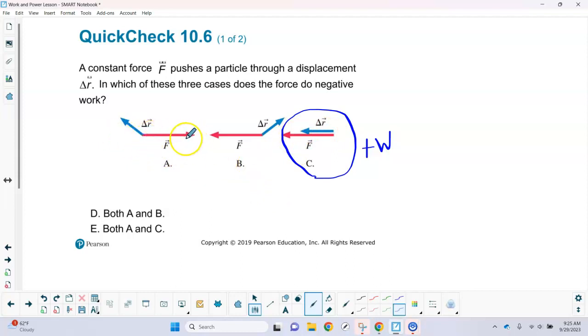F is going to the right in A, and the displacement is going up and to the left, so they're disagreeing in terms of their motion, and B is the same, just flipped over. So the correct answer is D: A and B are both going to do negative work because the force vector and the part of the displacement it's lined up with are going in opposite directions, and that just flips over for situation B.